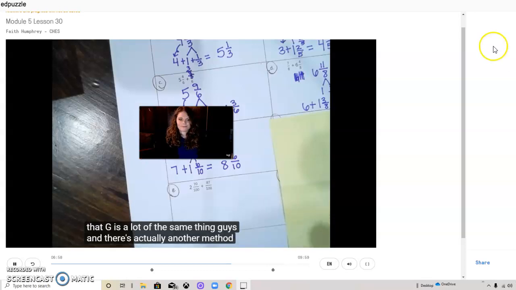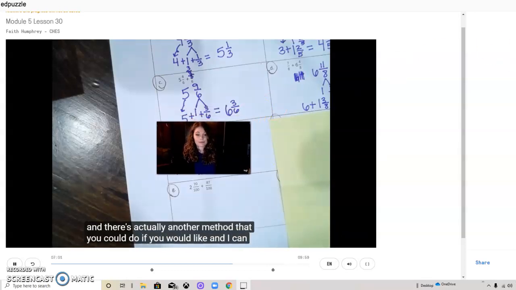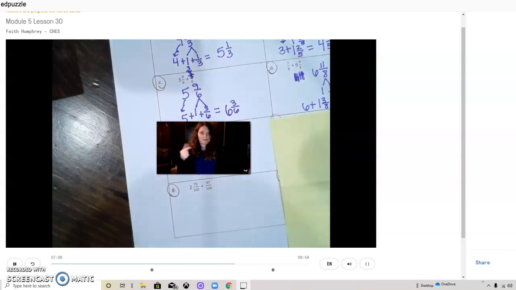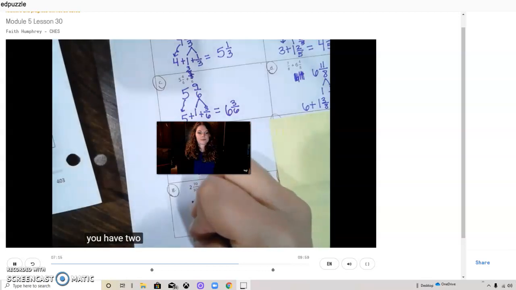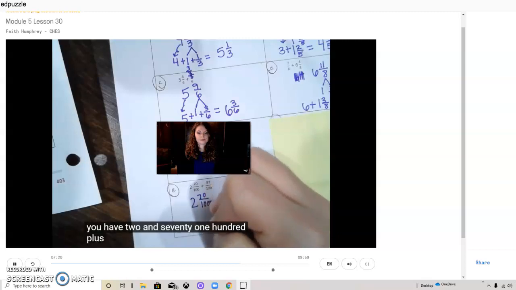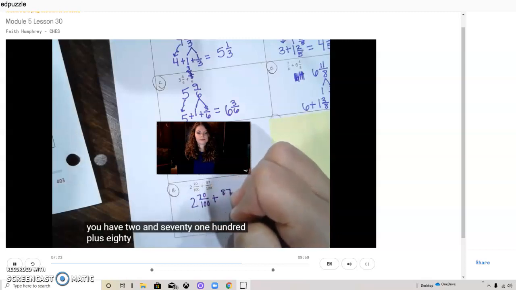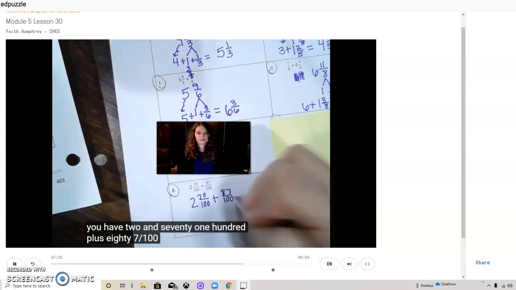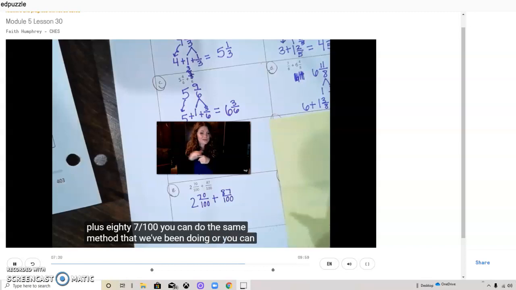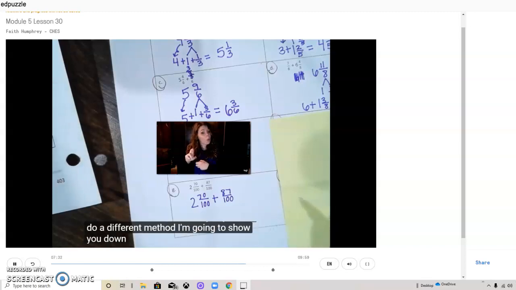And there's actually another method that you could do if you would like, and I can show you here with G. You have 2 and 70/100 plus 87/100. You can do the same method that we've been doing, or you can do a different method. I'm going to show you it down here.